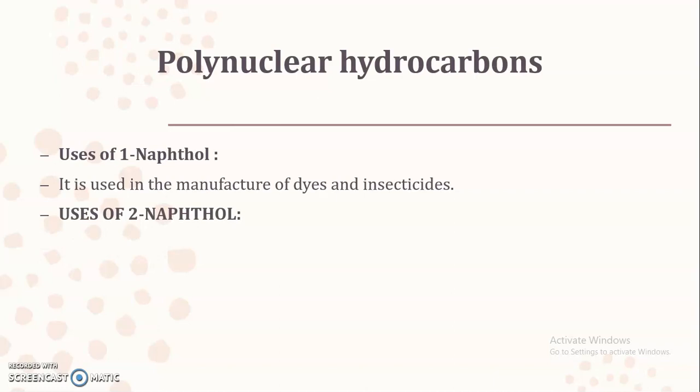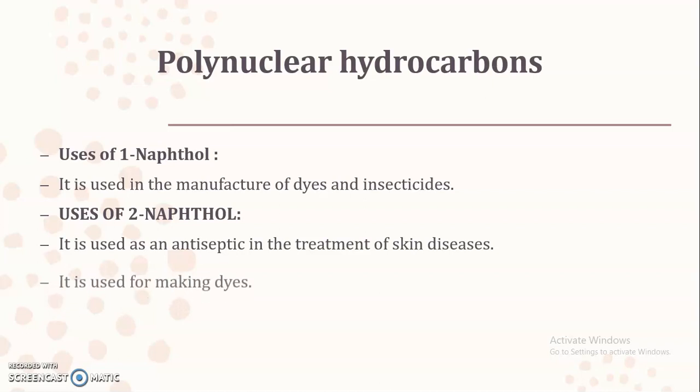The next derivative of naphthalene is 2-naphthol, which is also known as beta-naphthol. As compared to 1-naphthol, 2-naphthol has many more uses. It is used as an antiseptic in the treatment of skin diseases. So in various skin diseases, beta-naphthol is used as an antiseptic material.